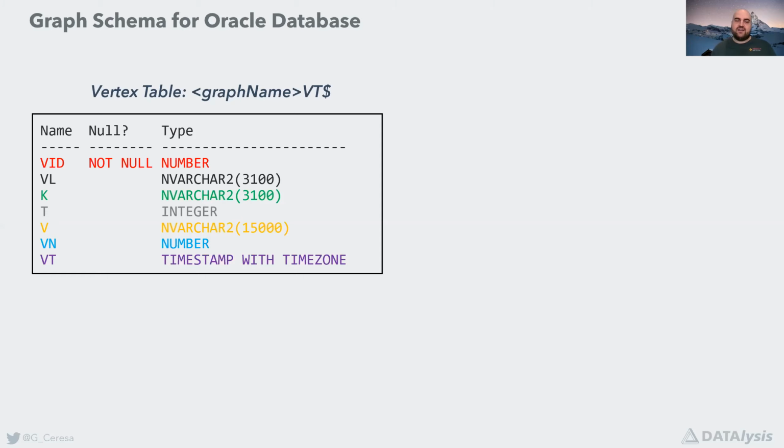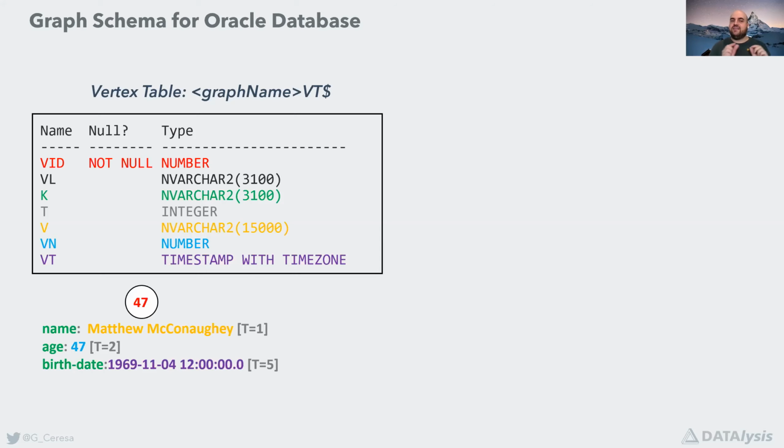The columns are VID, vertex ID, a number that identifies the vertex. VL will contain the vertex label if you have one. Then K, T, V, VN, VT. K is the key, T is for type, and V, VN, VT are the value. You remember properties are key values.